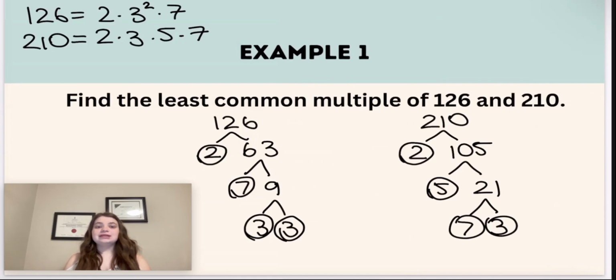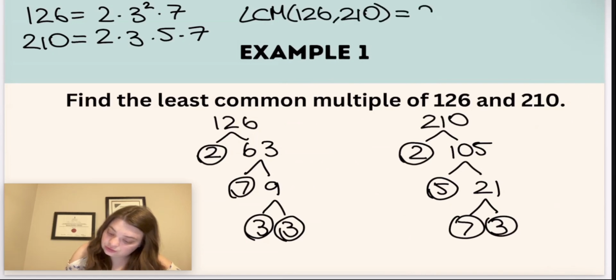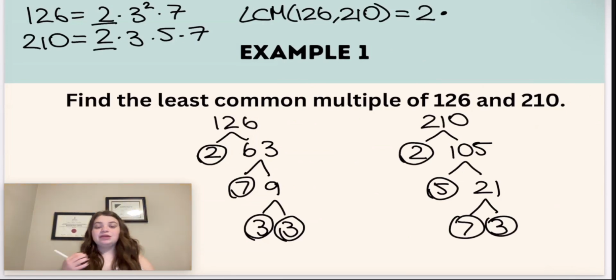So what I'm going to do is go to each of the factors and find the highest multiplicity, and that multiplicity is what's going to be included for the LCM. So the LCM of 126 and 210 is equal to 2 because 2 is in both of them. Now keep in mind that even though 2 is in both, we don't put it twice.